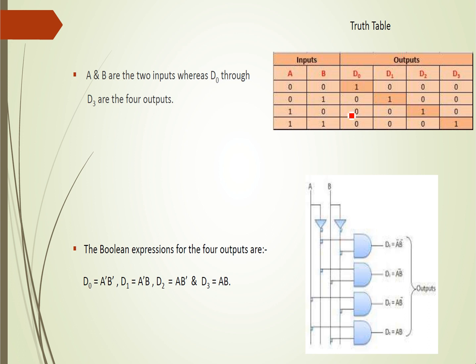And for 1, 0, D2 is 1 and other outputs D0, D1 and D3 are 0. For 1, 1, D3 is 1 and D0, D1, D2 are 0. So that means depending on these inputs, only one particular output is high and remaining all other outputs are low.